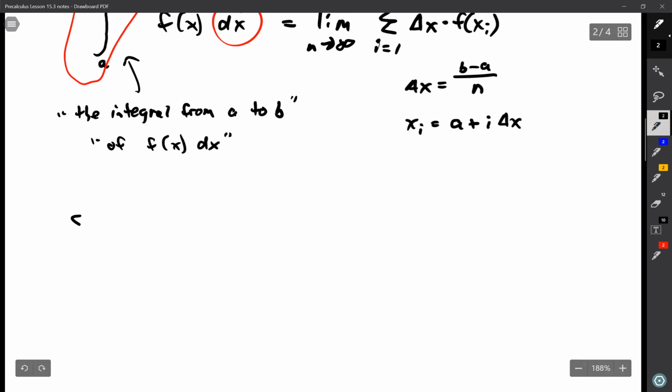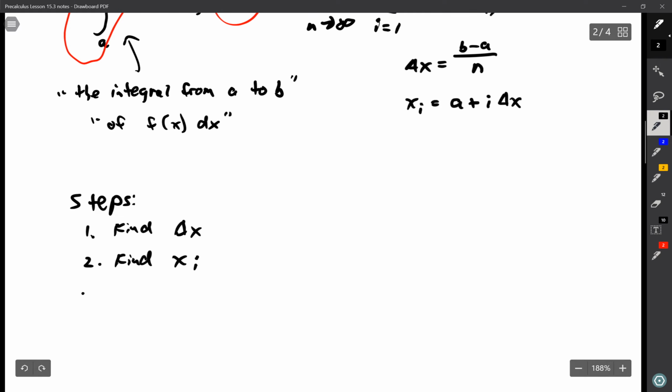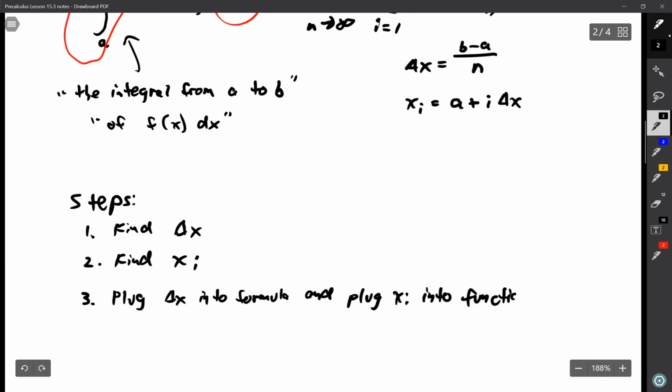So if I put the steps here: first, we want to find delta x. Next, we want to find x sub i. Next, we want to plug delta x into the formula and plug x sub i into the function in the formula.